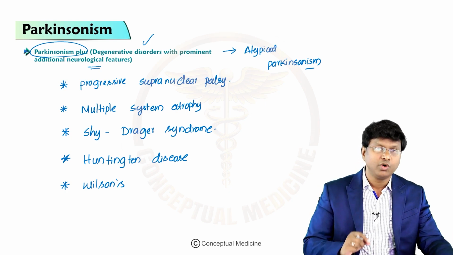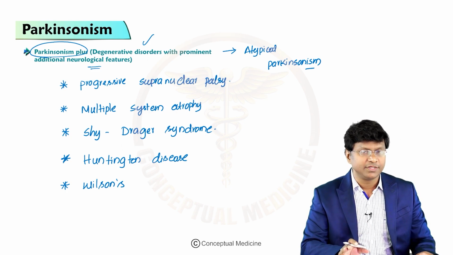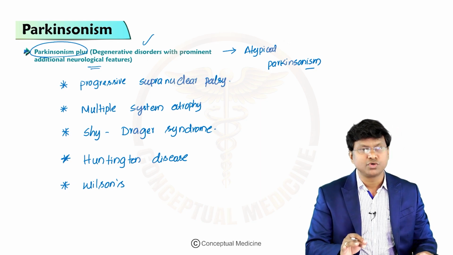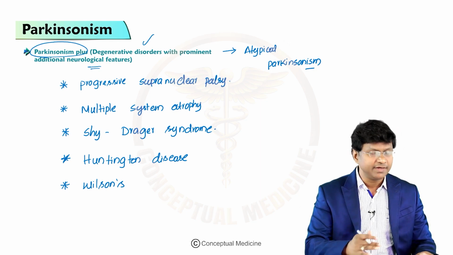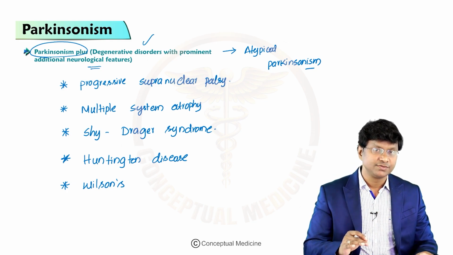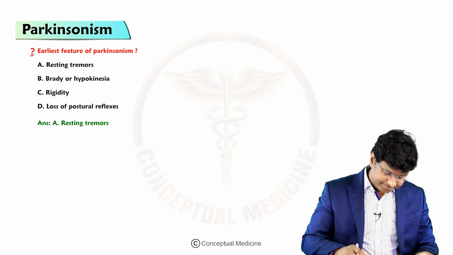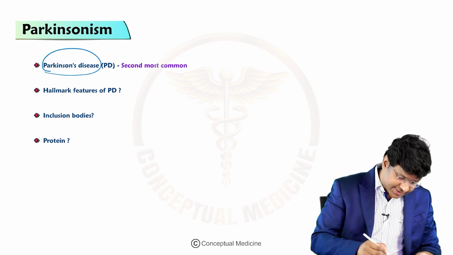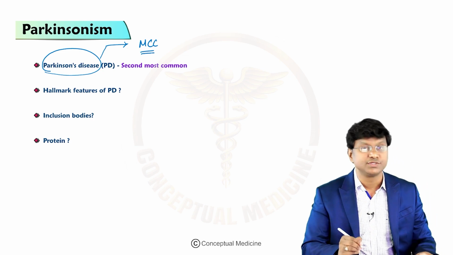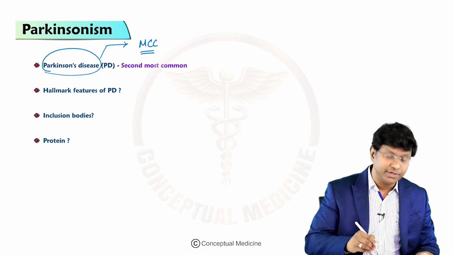Now you need to know the features of Parkinsonism. But before going ahead, let me tell you the most common cause of Parkinsonism. We have discussed many etiologies, and among them the most common cause of Parkinsonism is Parkinson's disease. But among the neurodegenerative diseases, Parkinson's disease is the second most common neurodegenerative disease.